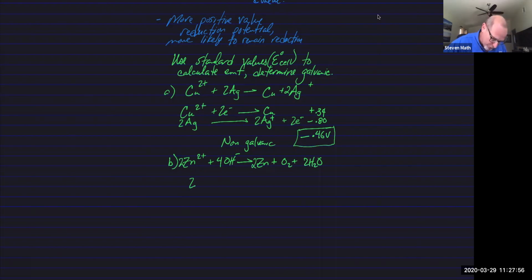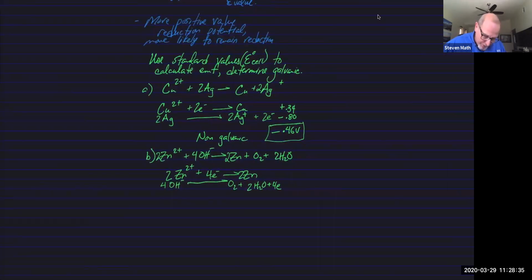So we have 2 Zn2+ plus 4 electrons gives me 2 Zn. And on the other side, we have 4 OH- breaks apart into O2 plus 2 H2O plus 4 electrons.